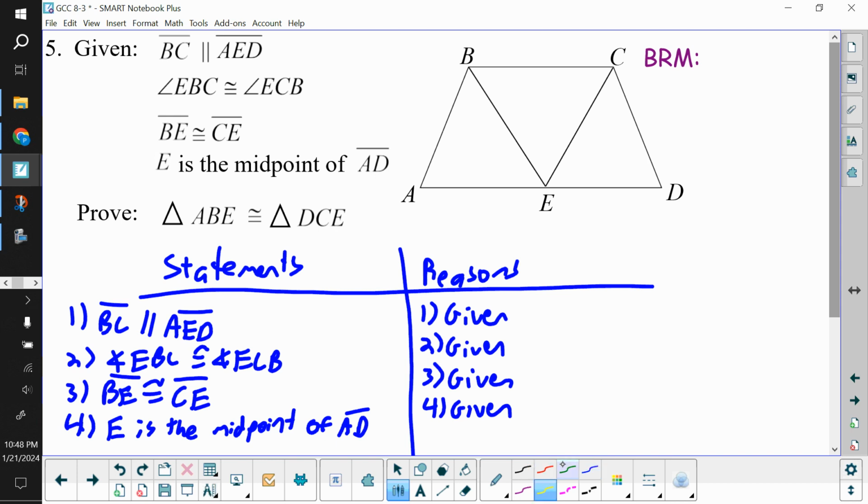Now we do have several triangles in our picture. So let's take a moment to identify which ones we're trying to get congruent. We want ABE, which is this triangle, and DCE, which is that triangle.